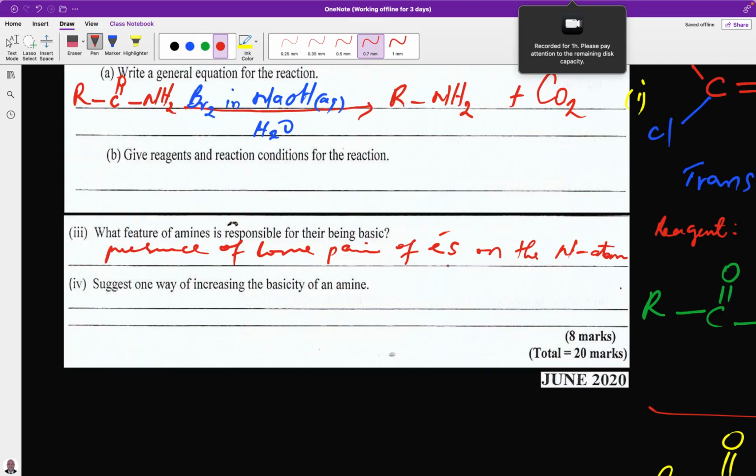The presence of a lone pair of electrons on the nitrogen atom suggests one way of increasing the basicity of an amine. That was June 2020.